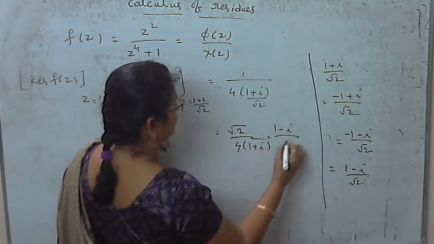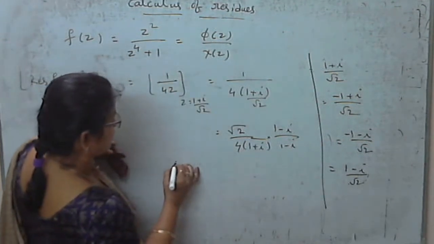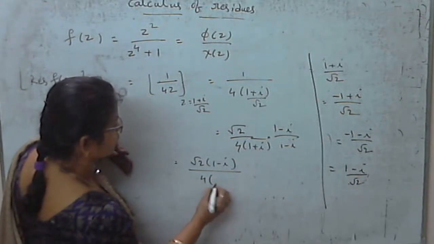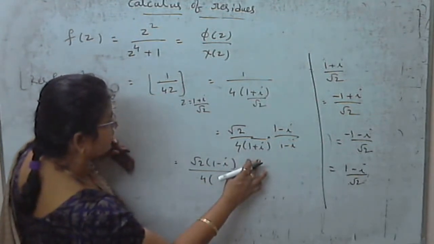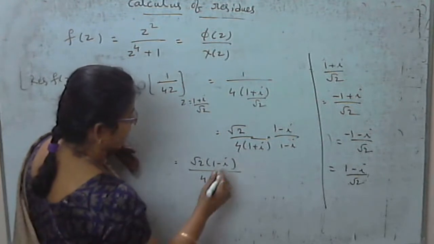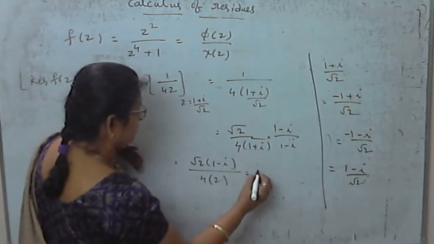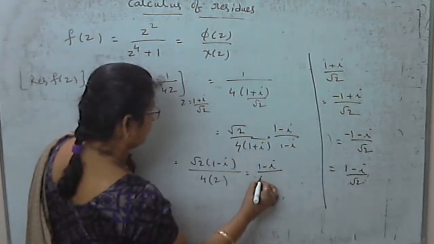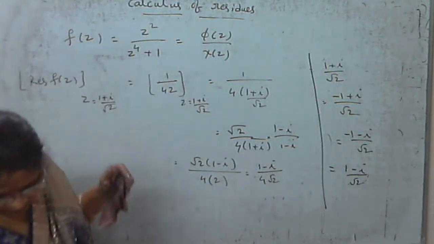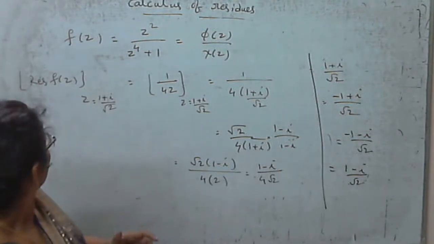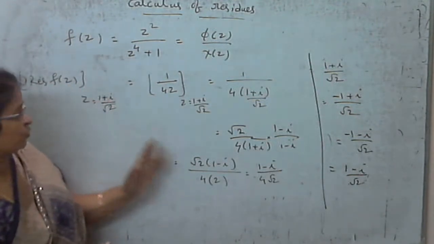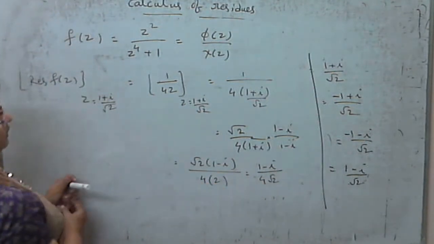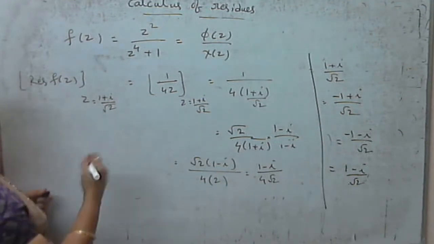Rationalizing, multiply by 1 minus i by 1 minus i. So root 2 into (1 minus i) by 4 into (1 minus i square). 1 minus i square means 1 plus 1, 2. So 1 minus i by 4 root 2. So the residue of f of z at 1 plus i by root 2 is (1 minus i) by 4 root 2.